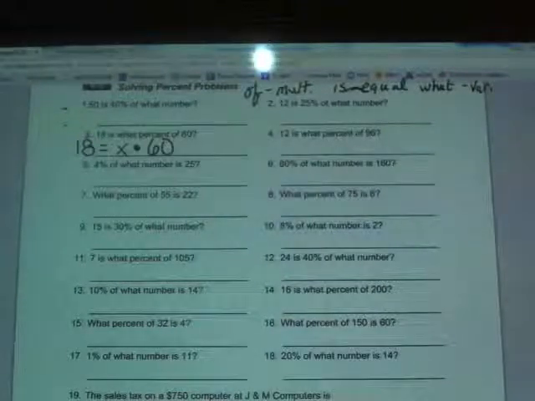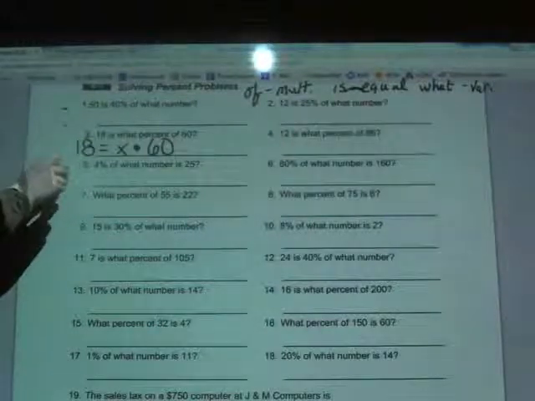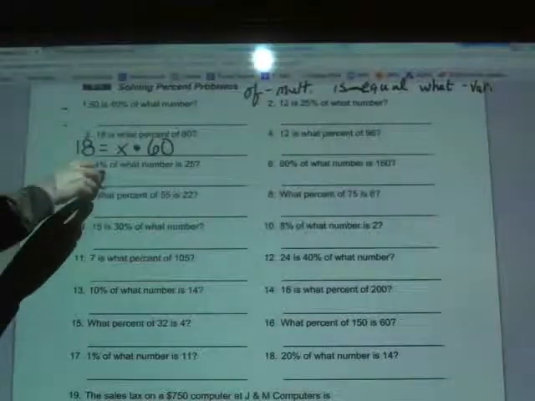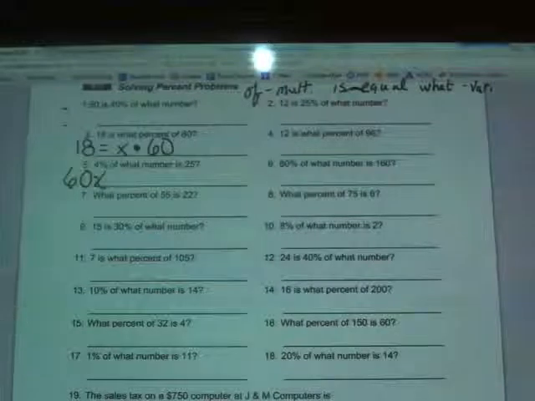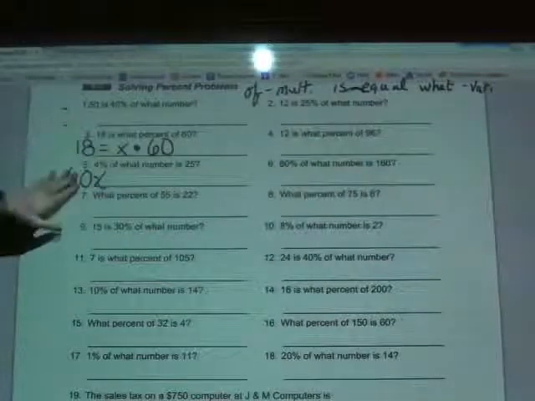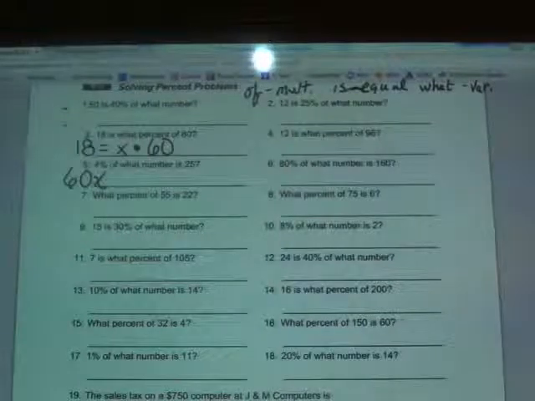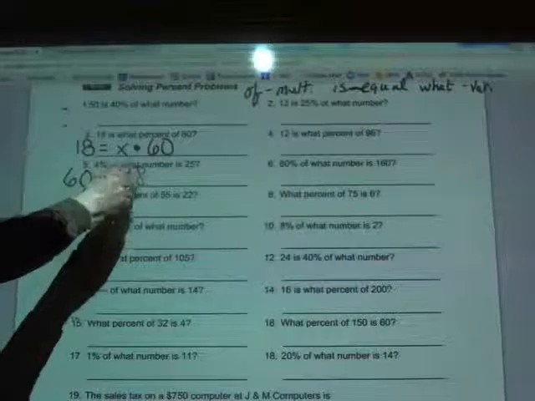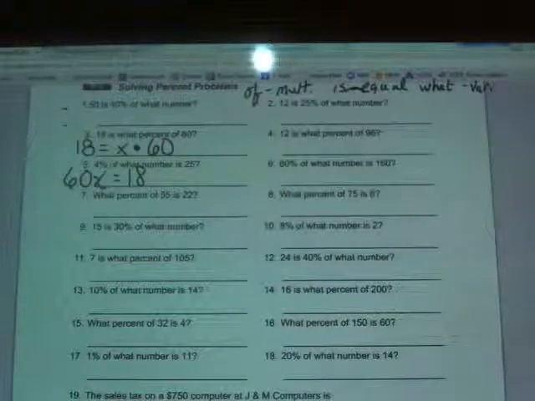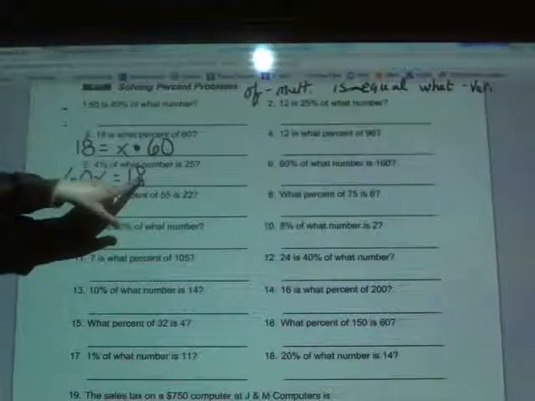So, again, just like 1 and 2, we've never solved an equation that way. So we're going to go ahead and flip this around. I'm going to write it as 60 times x. I could leave it as x times 60, but generally in proper mathematics, we write the coefficient first. The coefficient here would be 60. Again, you can leave it x times 60. It's not a big deal. Equals 18. Solve the equation. How am I going to solve the equation? Well, we keep the variable on the left and keep the number on the right.